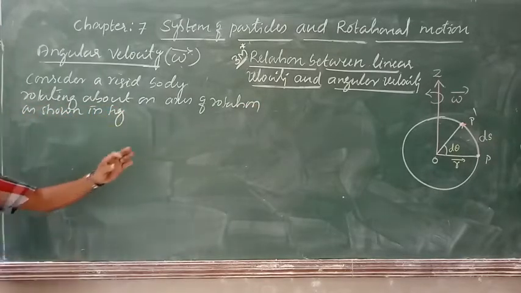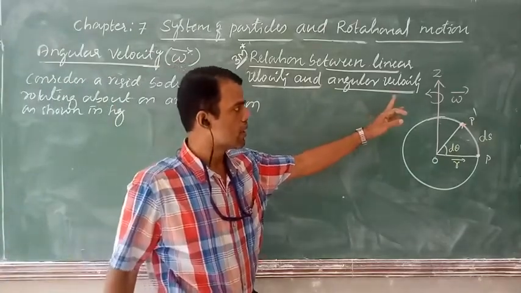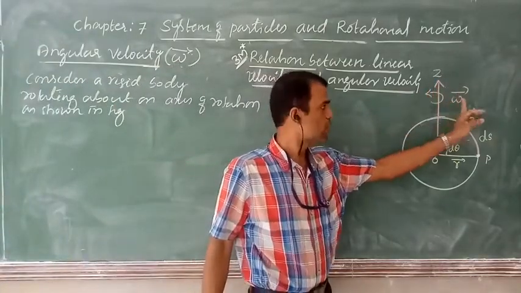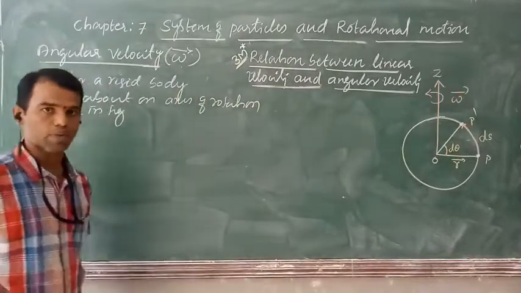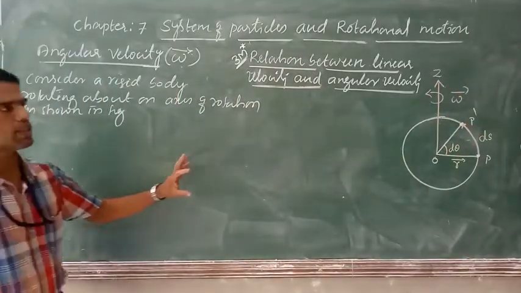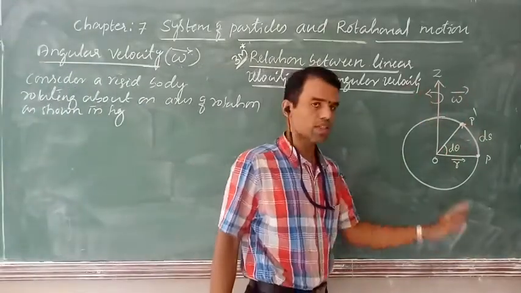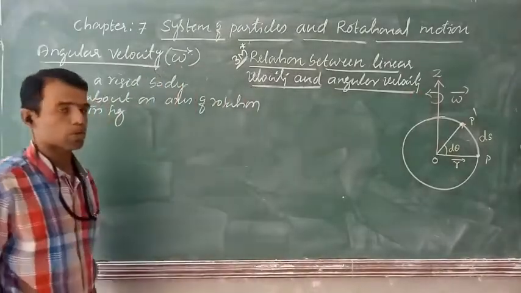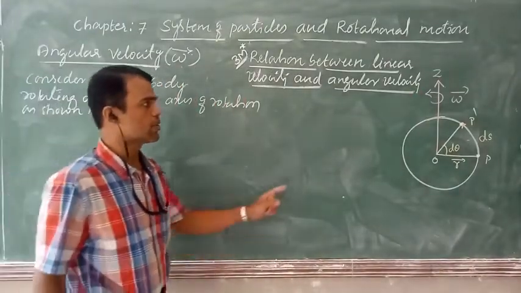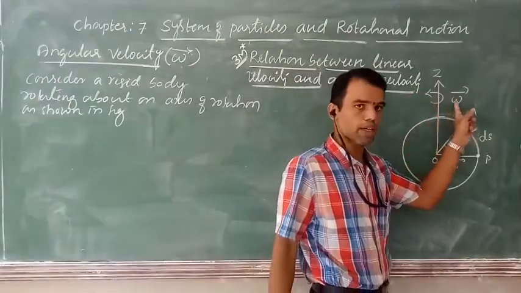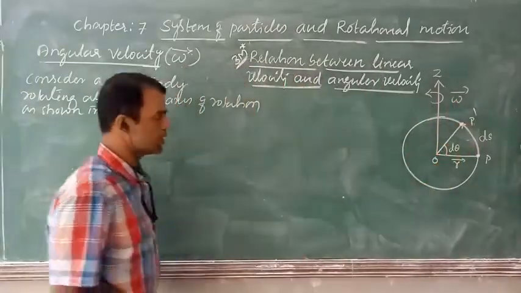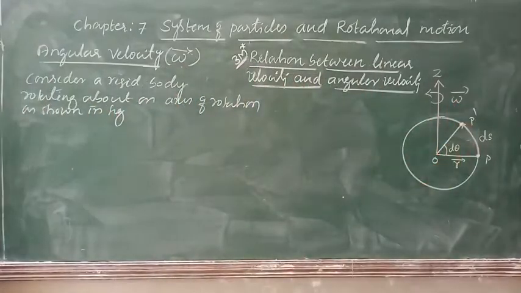In this case it is rotating about the z axis with a constant angular velocity omega. We want to know the relation between the linear velocity v of the particle rotating about an axis and the angular velocity omega of the rigid body or particle.